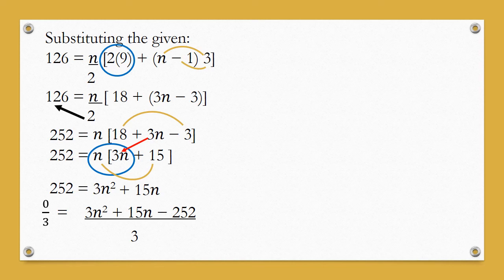So to simplify, since our numerical value in the first term is 3, we are going to divide all by 3. So by dividing, we have 3n squared divided by 3, we have n squared, and 15n divided by 3, you have 5n.